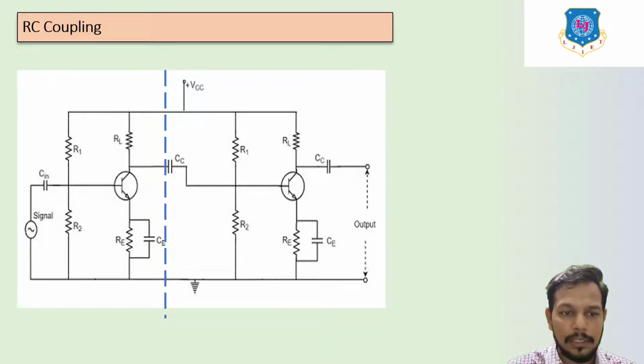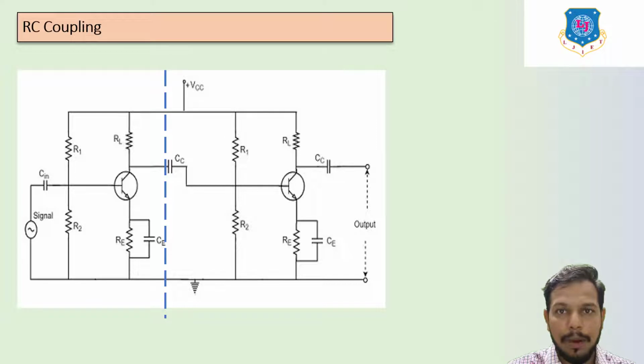Thereafter, here you can see one transistor is connected, and on its emitter side RE and, in parallel, CE are connected. Now CE is known as the bypass capacitor. What is the purpose of the bypass capacitor in this amplifier?